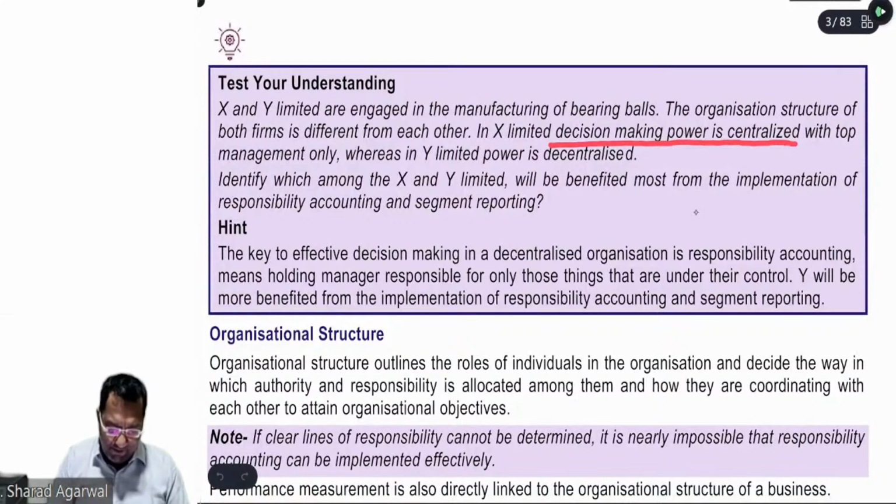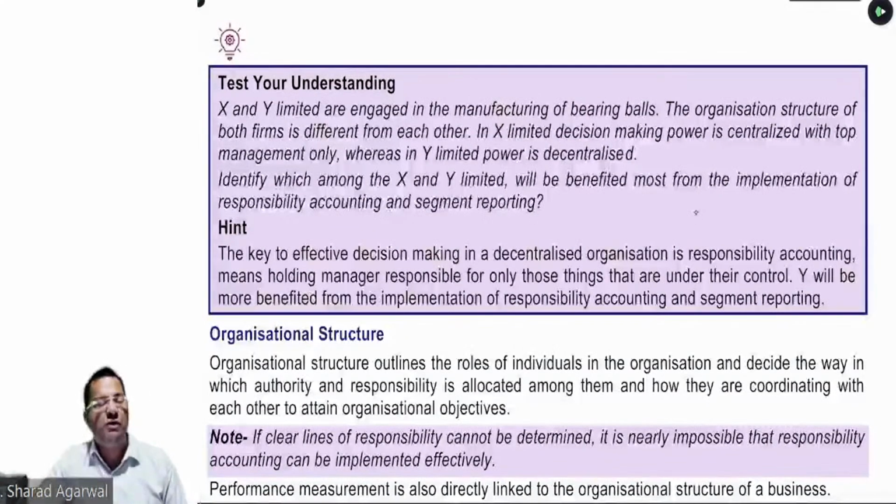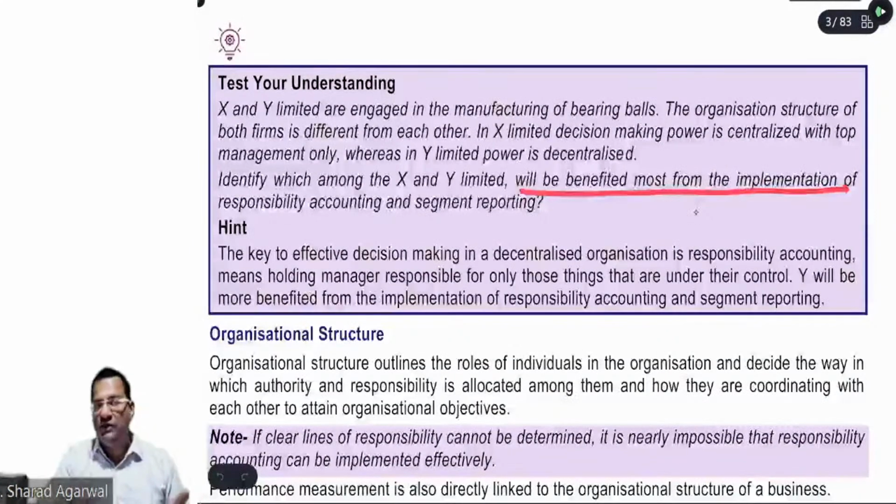Since Y Limited has the decentralized environment, Y Limited alone is the company which will be benefited from responsibility accounting. X will not be benefited because you cannot hold a departmental manager responsible when he has to follow instructions only. He has nothing to decide on his own.